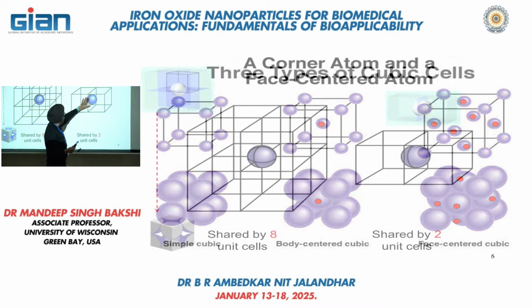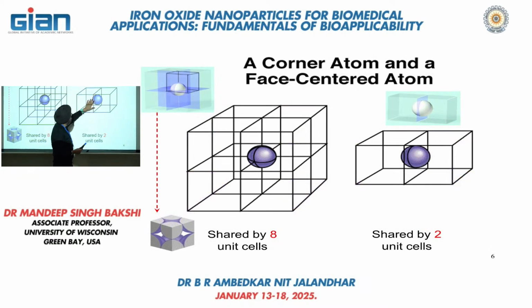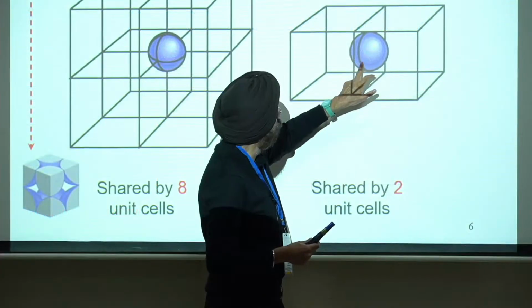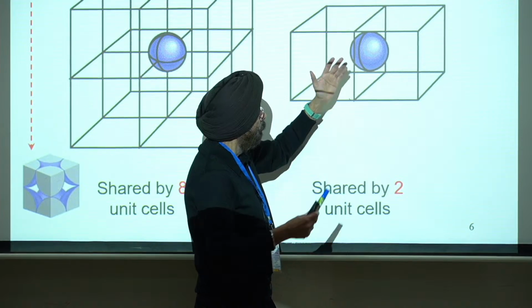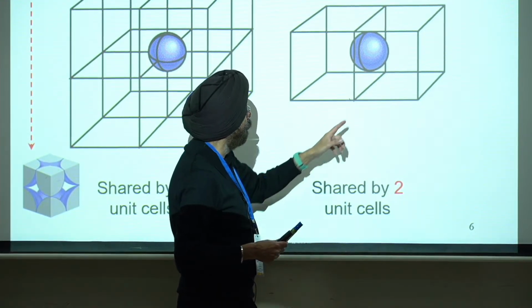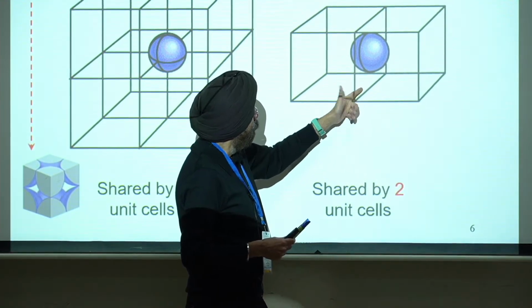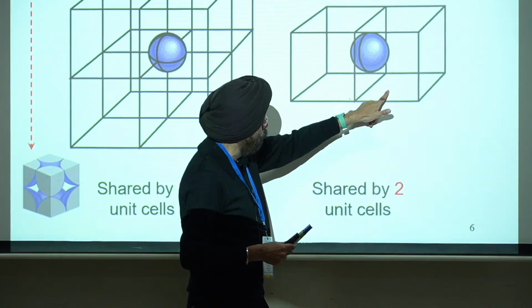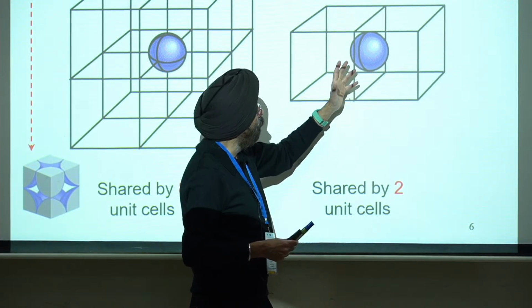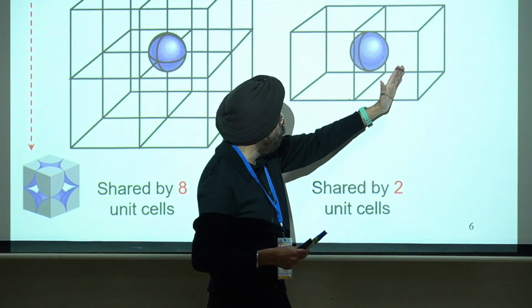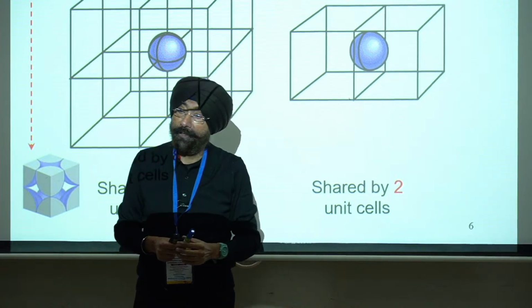You see, this is one cubic unit cell. There is another cubic unit cell. They have a common face because they are attached to one another. So this face belongs to this as well as to this one. So half of the surface area of the atom possessing this face is included in this unit cell and half in this unit cell.